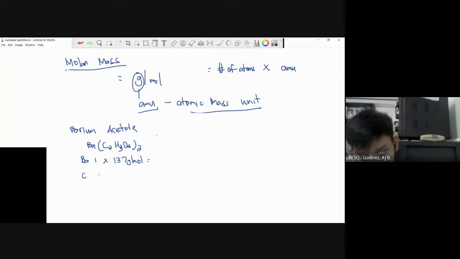Yung Ba, 137 po. Tapos sa C4 times 12, sa H po, 6 times 1. Yung sa C po, 48. Sa H po, 6 times 1 po.